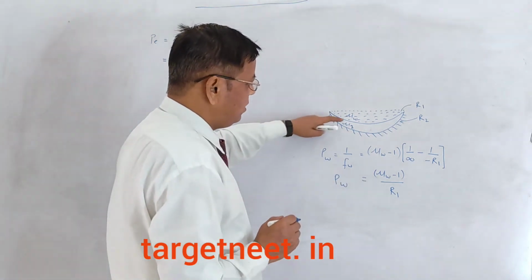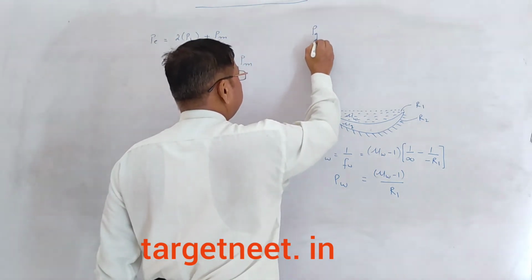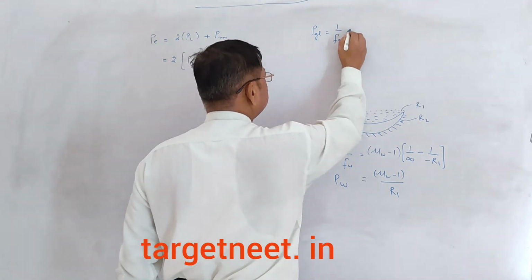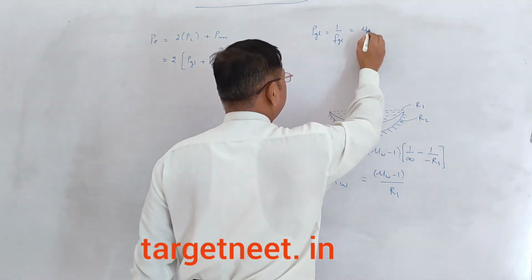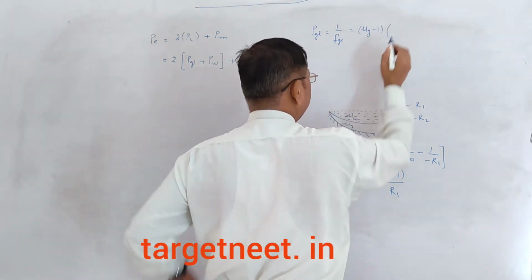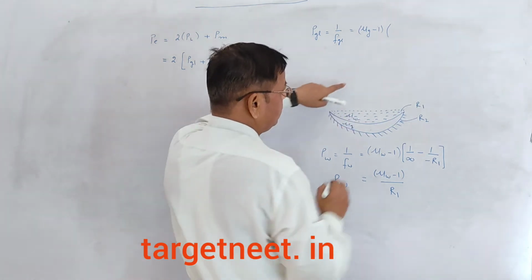Now what is the power of the glass lens? Power of glass lens is equal to 1 upon focal length of glass lens, and that is mu glass minus 1 times 1 upon R1. R1 is negative, R2 is also negative.